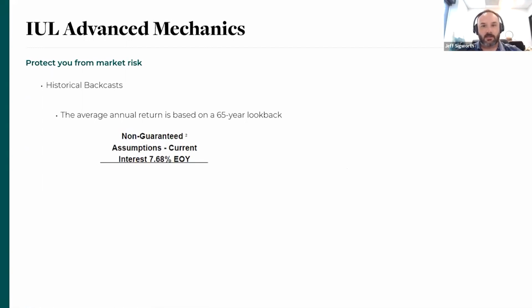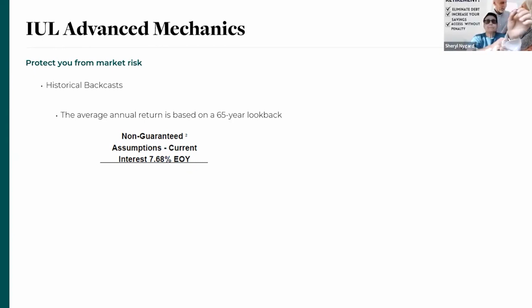Now I did this slide show a while ago, but on the F&G illustration, you have this number. That number, that non-guaranteed assumption, is based on a 65-year look back at the S&P with that cap and floor, with the ups and the downs. You think we've been in some ups and downs in the last 65 years?